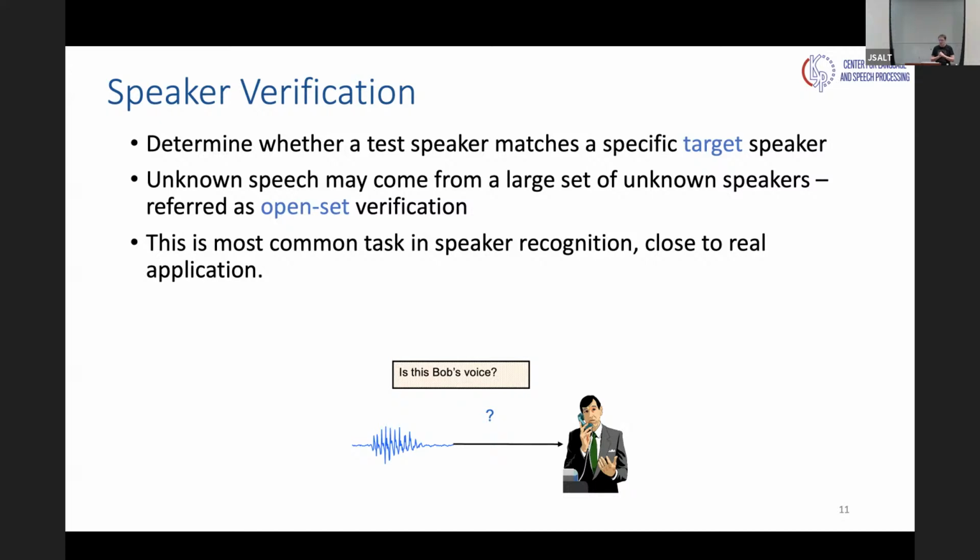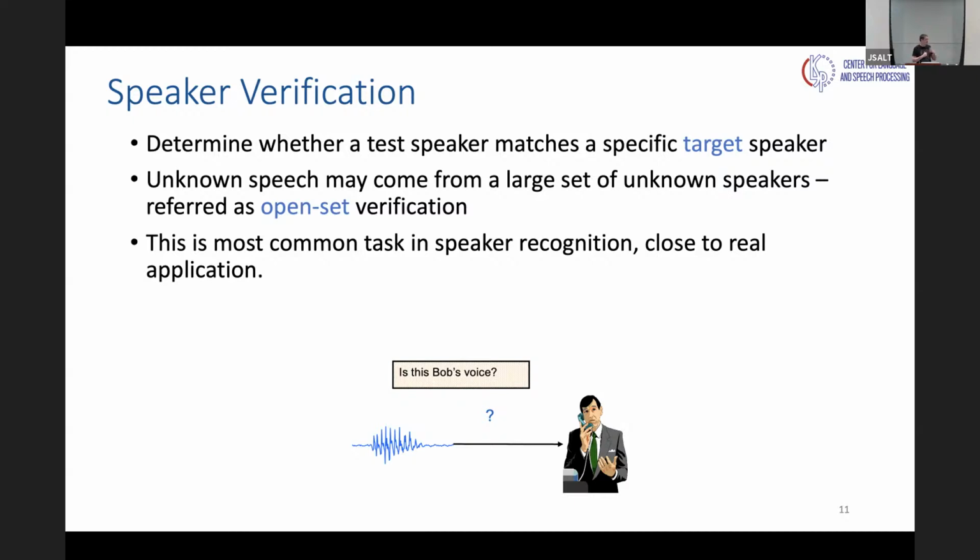So basically, we just compare the test sample with the sample that Bob provided at enrollment time. That means the test sample may come from Bob, or may come from any other person in the world.